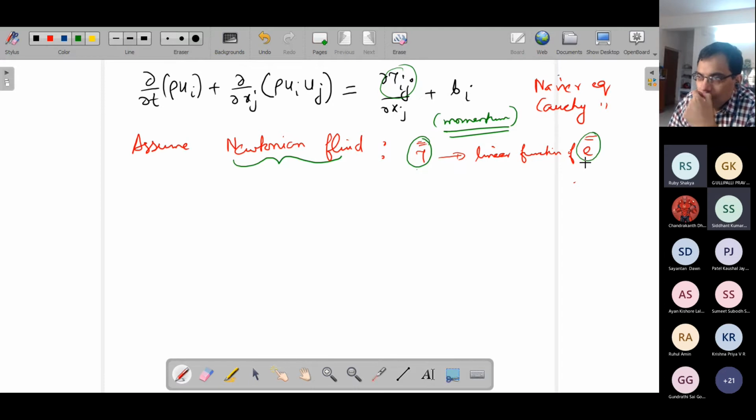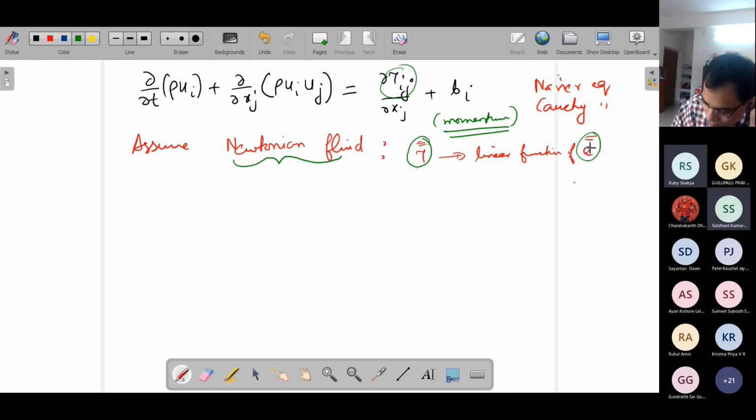For example, the traction vector Ti was tau ji eta j. So a second order tensor was mapping the eta j vector to the Ti vector. Here the second order tensor has to be mapped to a second order tensor.